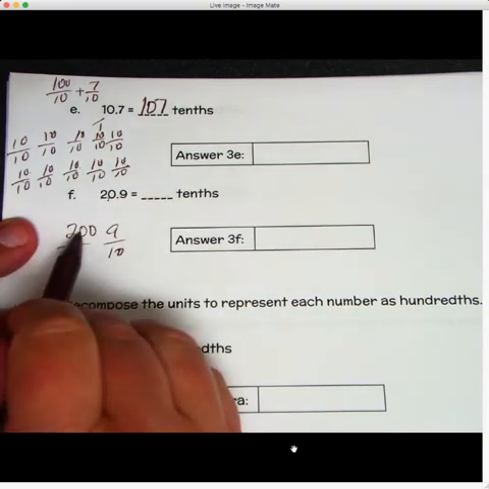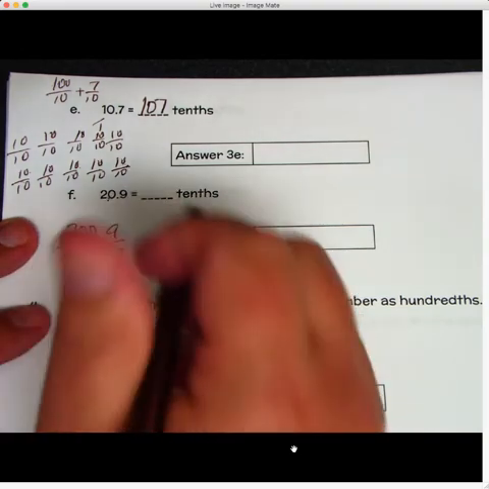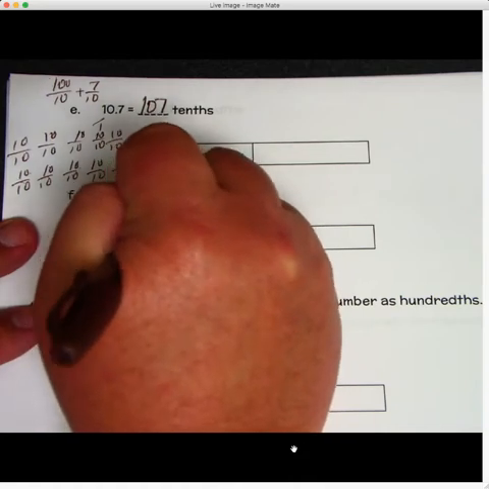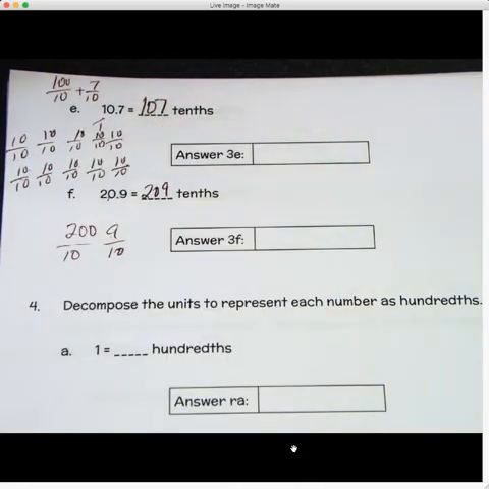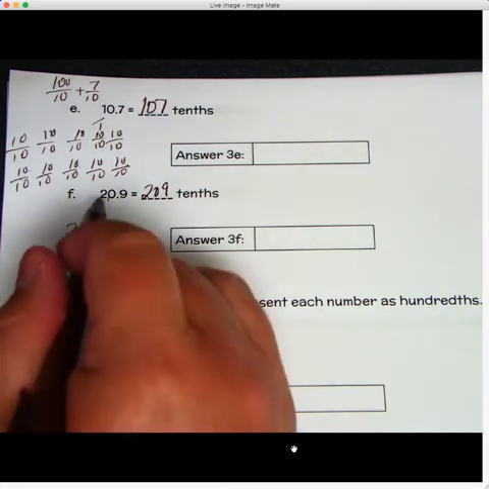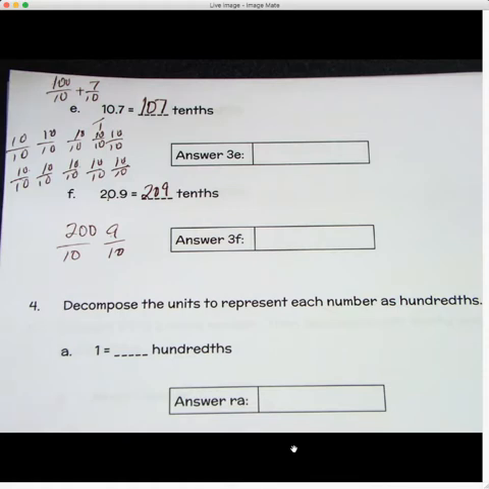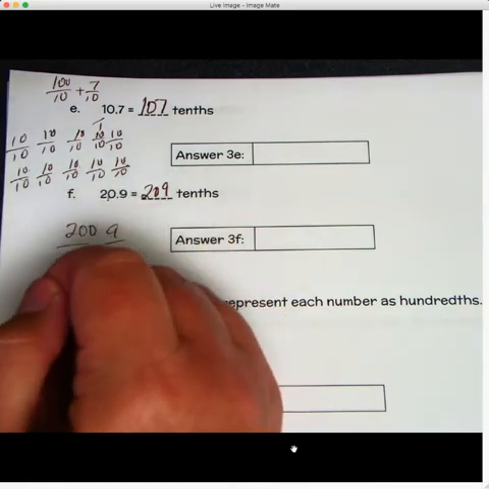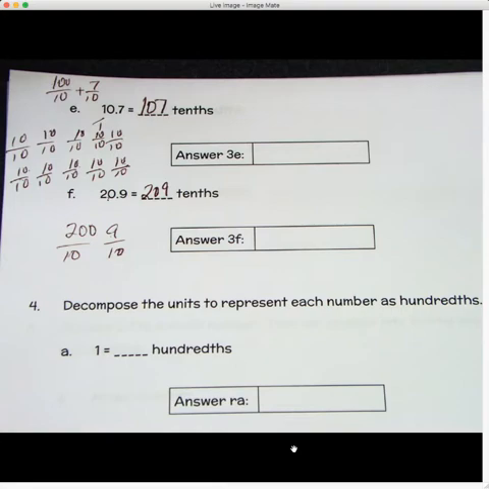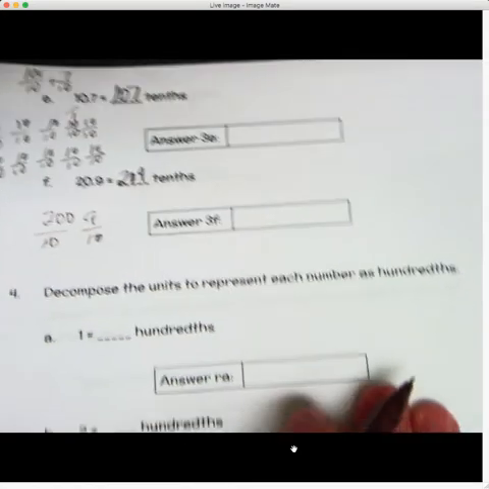So what's 200 plus 9? We have 209 tenths. Oh boy, crazy. So if you don't want to write 10 tenths 20 times, just do 20 times 10 and put that over 10, okay? Just do 20 times 10 tenths. It would be 200 tenths.